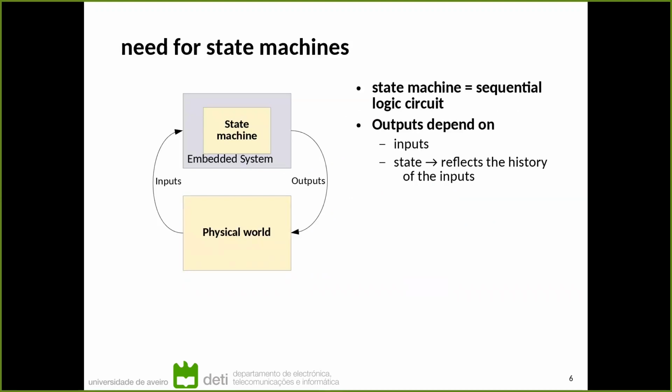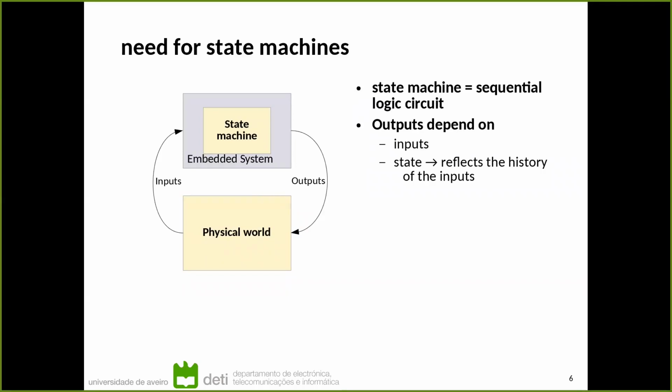Now, as we have seen before, we need state machines when we have sequential systems. So systems where the output depends on the history of the inputs. And as we are dealing with embedded systems, they often interact with the physical world.